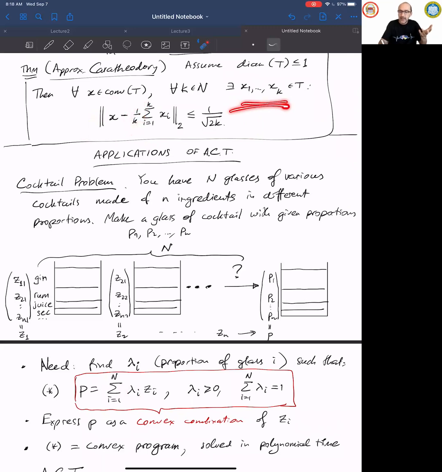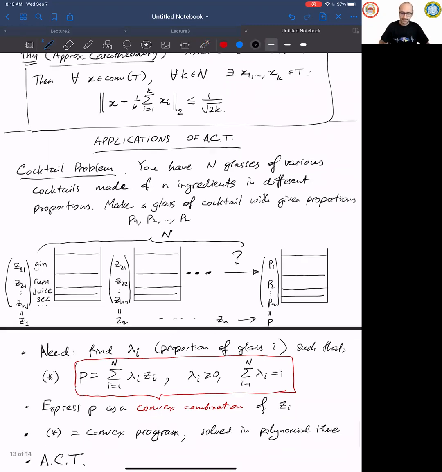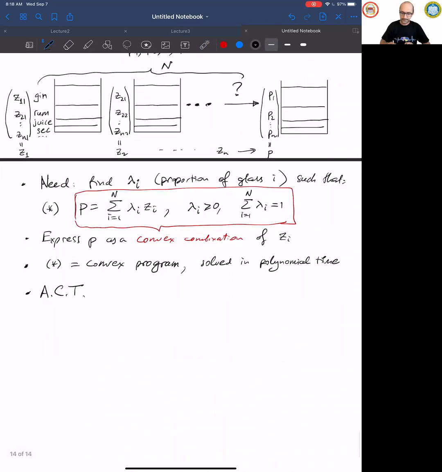You just need to know which glasses to mix. You're not mixing all glasses. The theorem says you can stop, don't solve this convex program. We'll just tell you, take cocktails 1, 5, 13, and 17, and mix them in equal proportions, 25% each, and you'll get your cocktail approximately. That is a much faster and much more elegant solution.